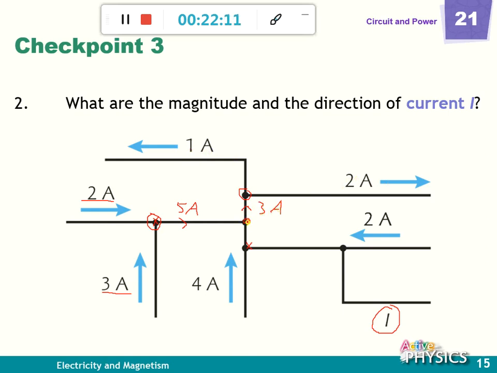And in this junction, 5 in, 3 out, so this one should be 2 out. This junction will be 2 in, 4 in, then 6 out. For this junction, 6 in, 2 in, 8 out. That's all.